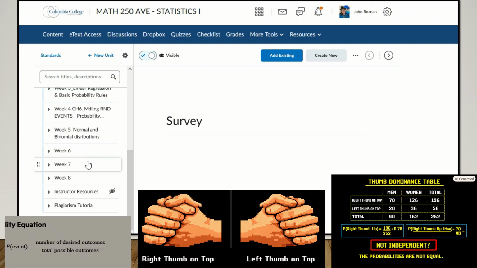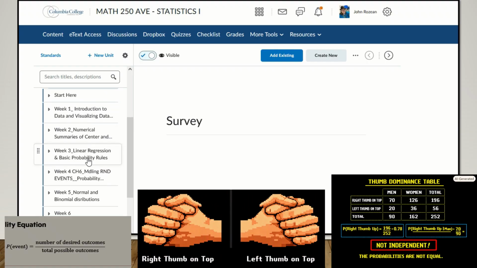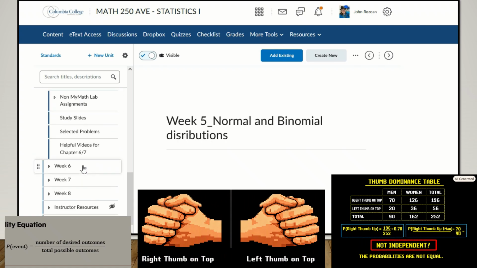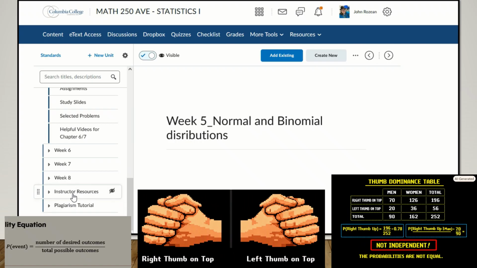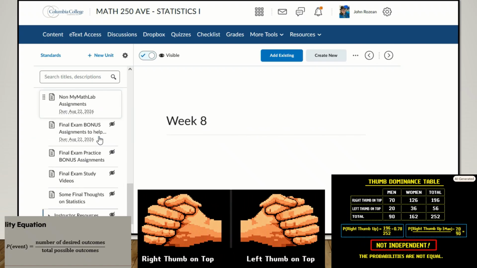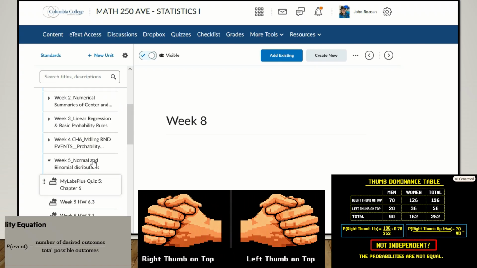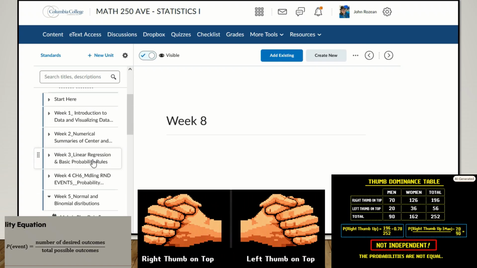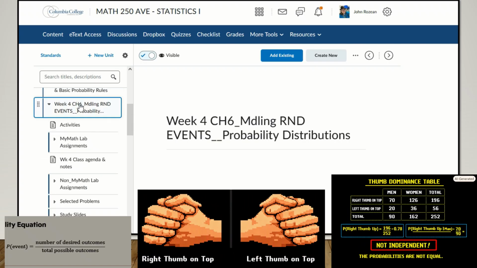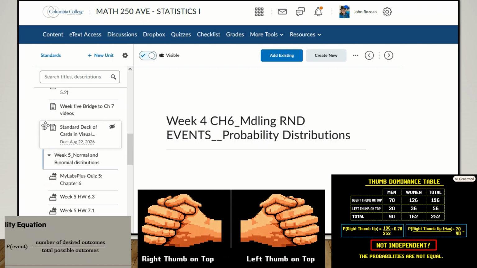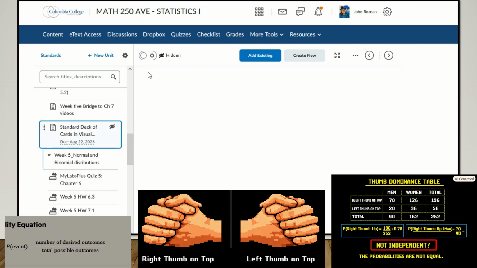But anyway, if you go over here into the week 5, maybe I put it into the final exam. Maybe I put it under this random modeling. Yeah, there it is. So, probably to make more sense of it, and y'all can't see it, evidently.